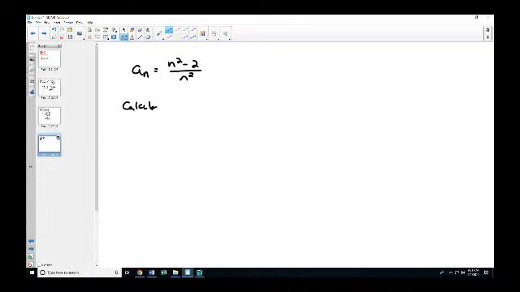Calculate the limit as n goes to infinity of the sequence. You remember how to solve infinite limits? Yeah, highest exponent evaluates what you want. 1, right? N squared over n squared is 1.